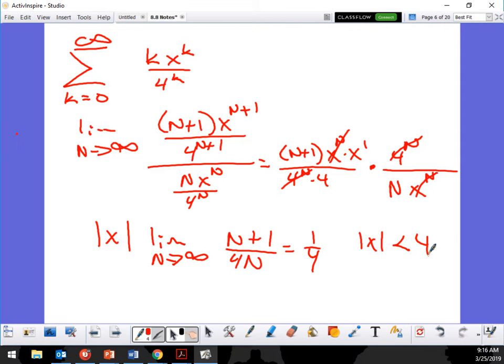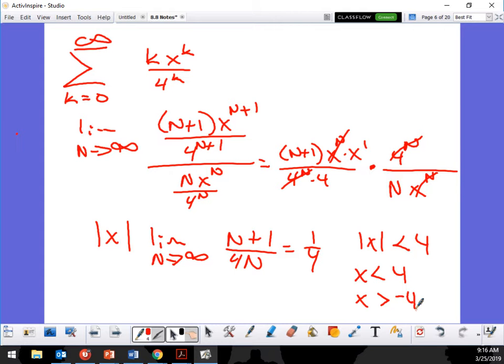It's going to be x is less than 4 and x is greater than -4. And this is where my radius of convergence comes into play. So it's going to be between those two things right there.